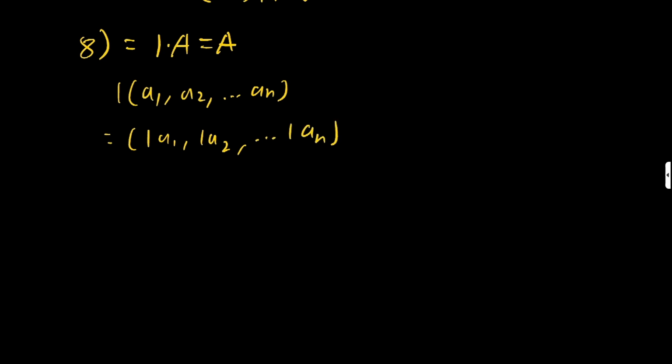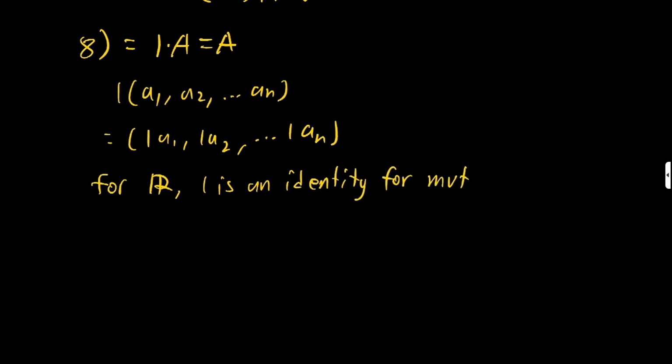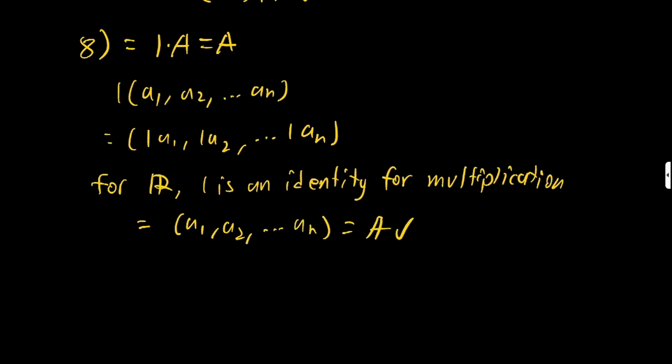And of course, for real numbers, 1 is an identity for multiplication, so this means that it's just going to be (A1, A2, ..., A sub n), which is equal to A, and there it is.